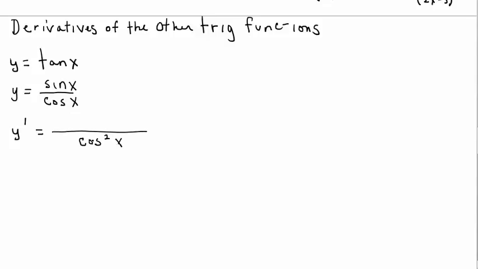Minus the numerator, sine x, times the derivative of the denominator, which is negative sine x. So I'm going to take the negative and come all the way up front here, and make an adjustment to a plus, but I have to record the sine x for that derivative. Clean up the numerator. In print, we usually put the square here, or you could do parentheses on the outside with the square.